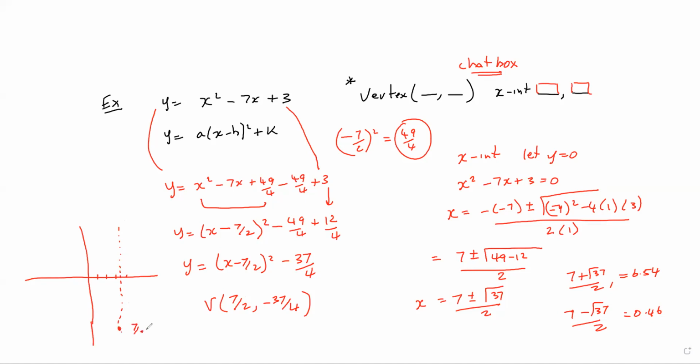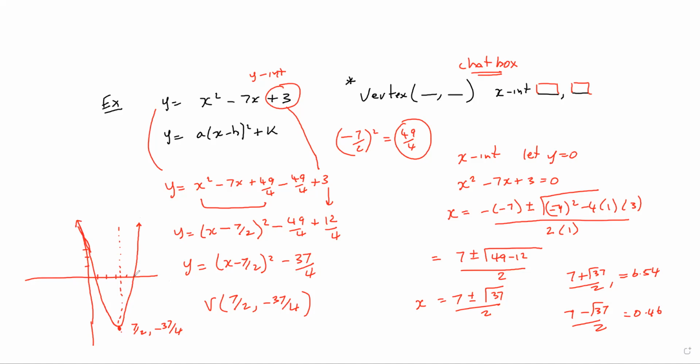So 7 on 2, minus 37 on 4. Your y-intercept is 3. Take a look up there, y-intercept. That's when x is 0. So we'll get 3. So we're going to go down, up like that somewhere.